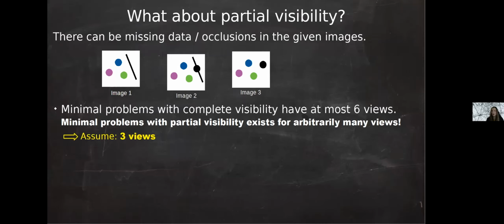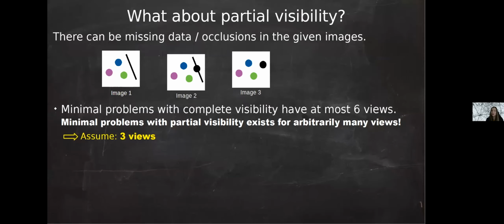So to provide a catalog, we need to restrict ourselves. In practice, I'm not a computer vision engineer, but one often works with few given images, and the minimal problems with fewer images often seem to have fewer solutions, as we also saw in our table.